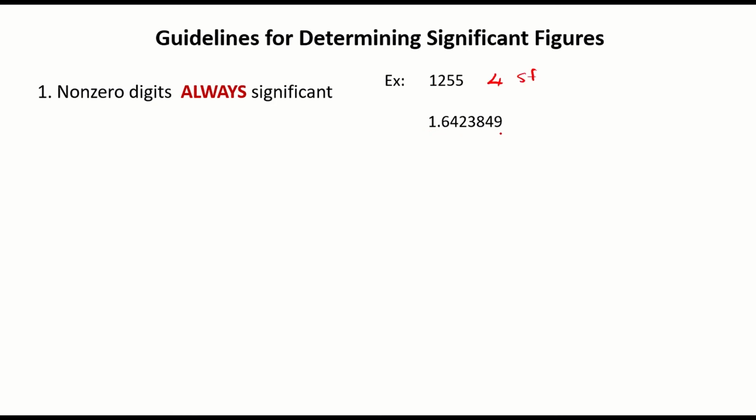In this number, you don't see any zeros. Count how many digits you have. 1, 2, 3, 4, 5, 6, 7, 8. 8 significant figures. The complication is related to zeros, but we can further simplify it. There are different types of zeros. Now let's look into this number.